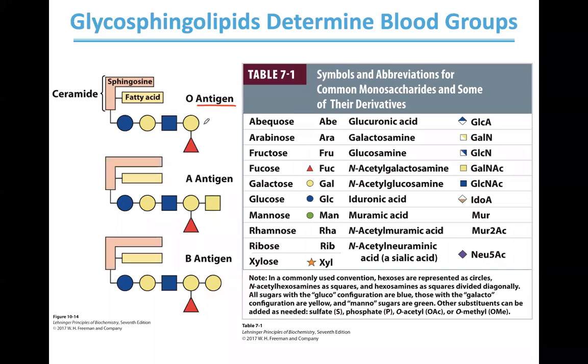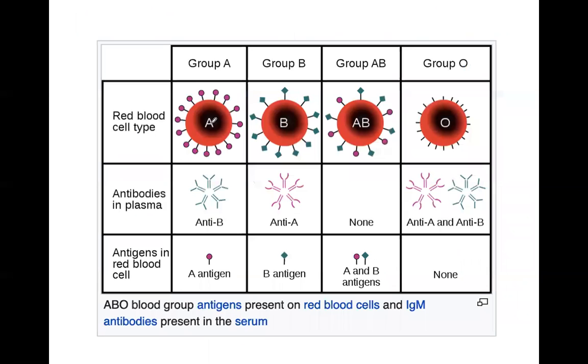So remember these three situations: nothing, galactose, galactosamine. And so these three situations will give rise to 4 different blood types, blood groups.